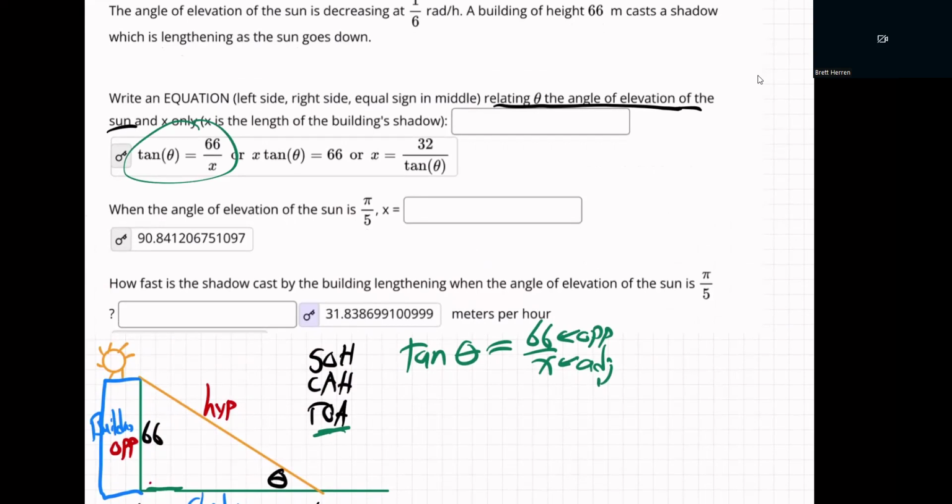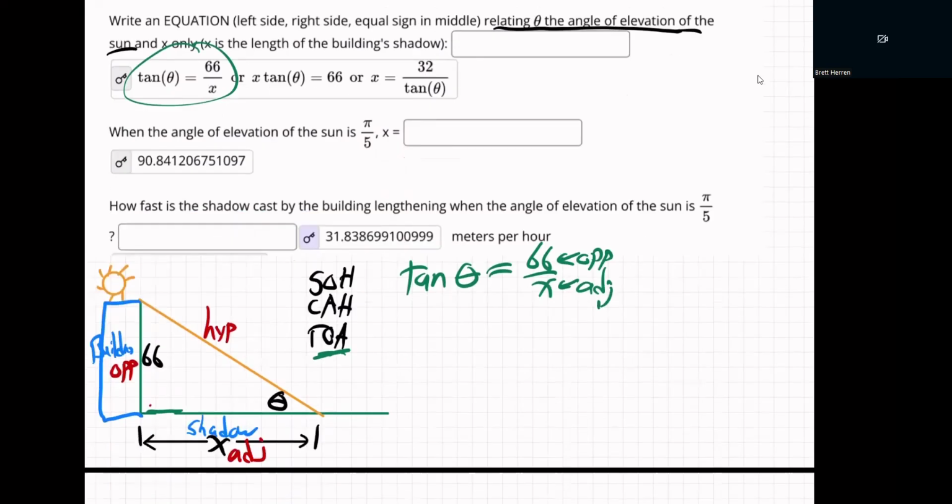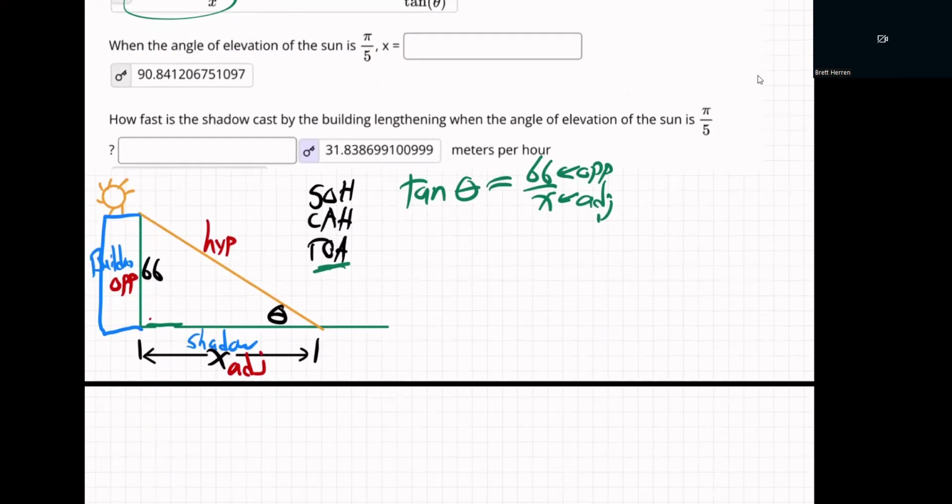We're doing related rates. Okay, when the angle of elevation of the sun is pi over 5, what is x? Oh, well, we can take this little equation and we can solve for x, can't we? Just put this over 1, go diagonal, diagonal. We get x tan theta is 1 times 66. And finish solving for x.